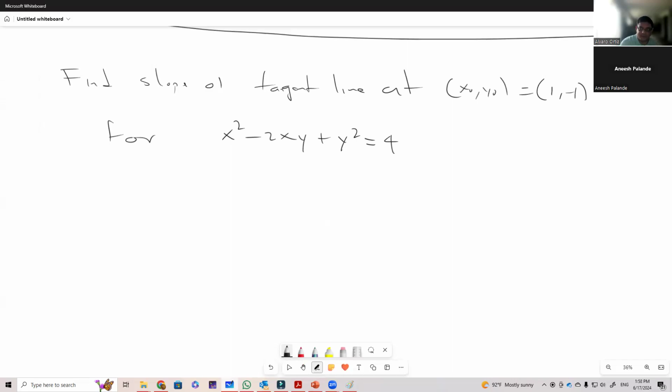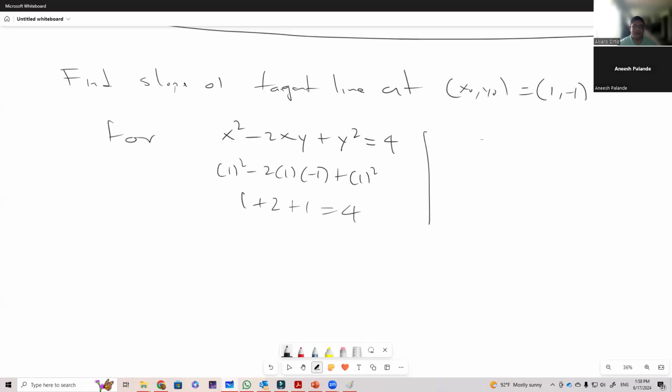I want to verify that this point lies on the curve. So this is 1 squared minus 2 times 1 times minus 1 plus 1 squared. This is 1, plus 2, plus 1, so this equals 4. Now I know that it passes through this point, so it can be a tangent line at this point. This is the first thing I wanted to verify.